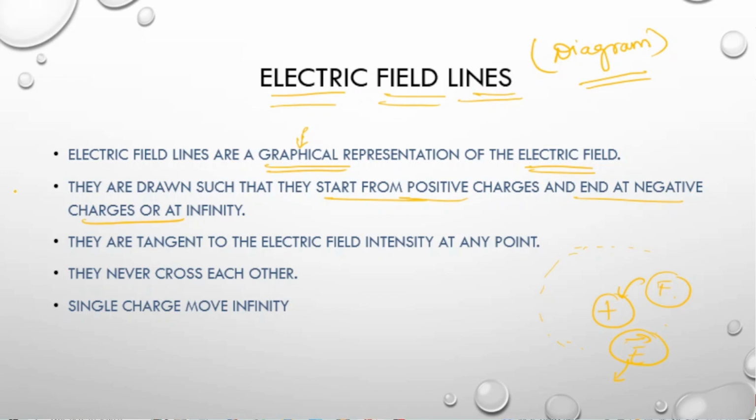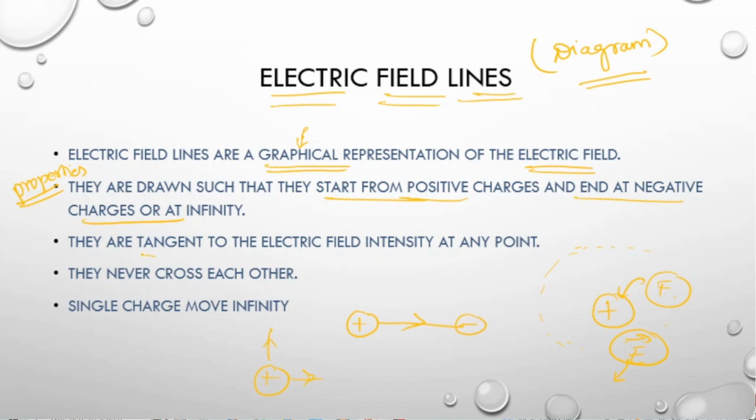Your electric field lines should start from a positive charge and end at a negative charge. If only one charge is present, then the field lines will move up to infinity.